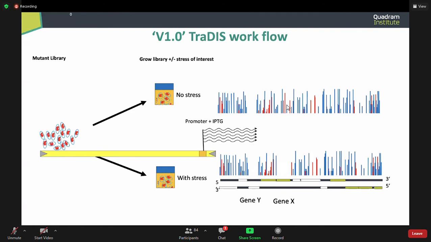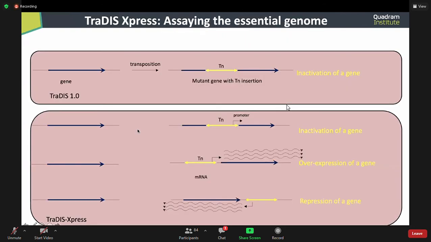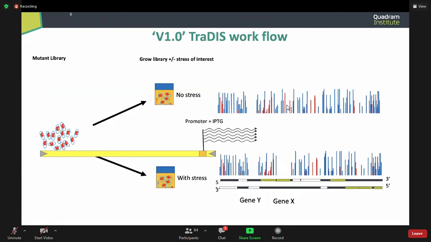Yes, of course, we can go for pesticides and fungicides, though there are limitations. When we are talking about fungicides, we need to have a mutant library in the particular organism we are interested in.